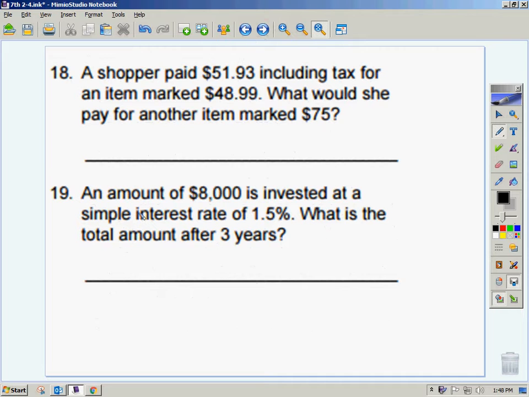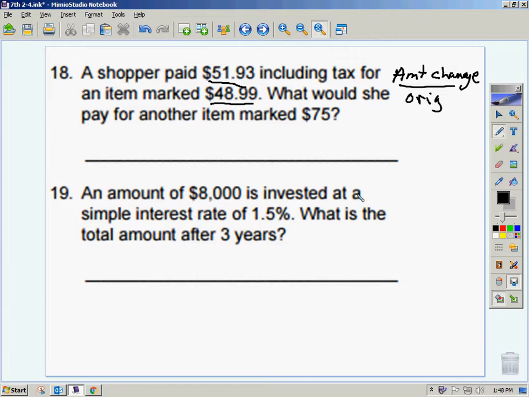18. A shopper paid $51.93 including tax for an item that's marked $48.99. How can I find out how much tax there was? The amount of change divided by the original amount.